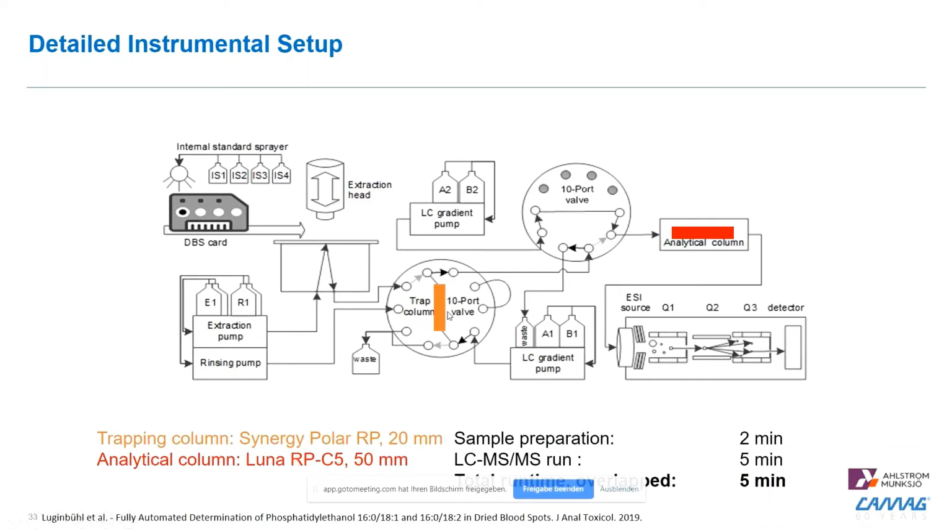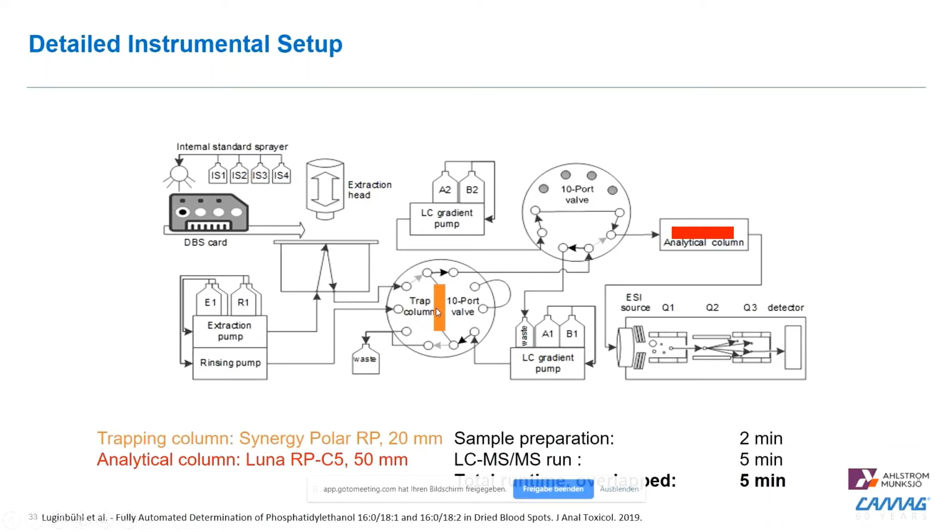And as analytical column, we use a Luna reverse phase C5 column with a length of 5 centimeter. Afterwards, sample preparation takes place, whereby we elute the DBS spot onto the trapping column.